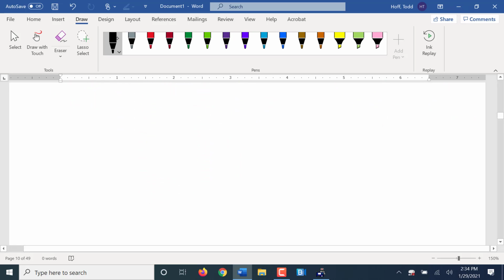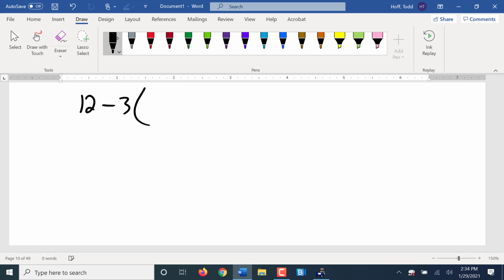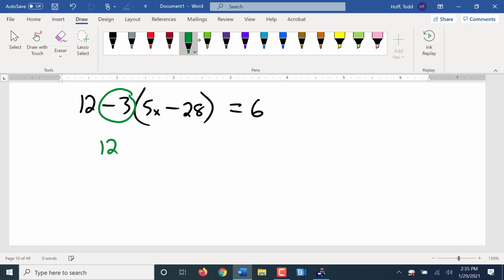Let's look at something like this. 12 minus 3 times the quantity 5x minus 28 equals 6. So now we see the parentheses here. Nothing to do inside them, so we're going to multiply by, good, the negative 3. So the 12 doesn't change.